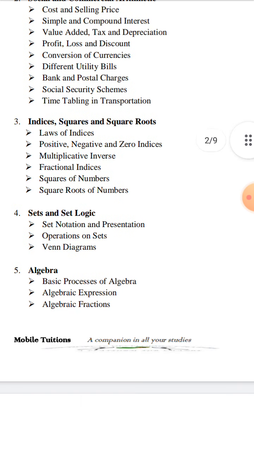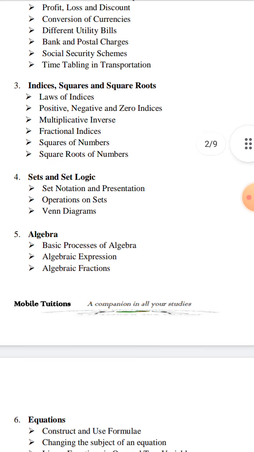Then we carry on to the third topic, indices, squares and square roots, where we look at laws of indices, positive, negative, and zero indices, multiplicative inverse, fractional indices, squares of numbers, and conclude with square roots of numbers.